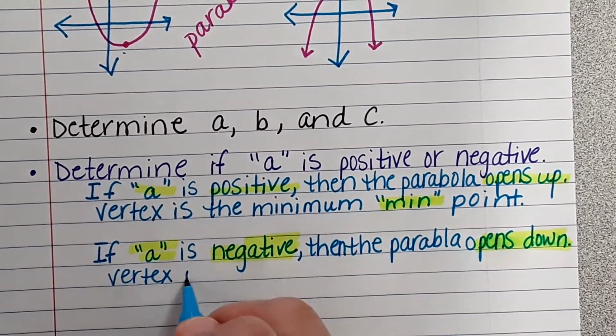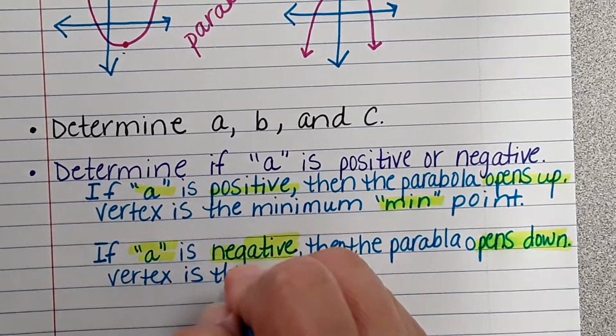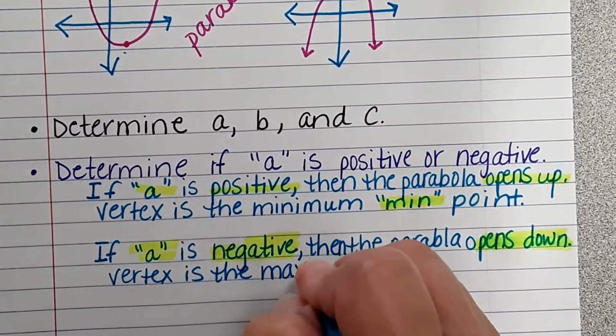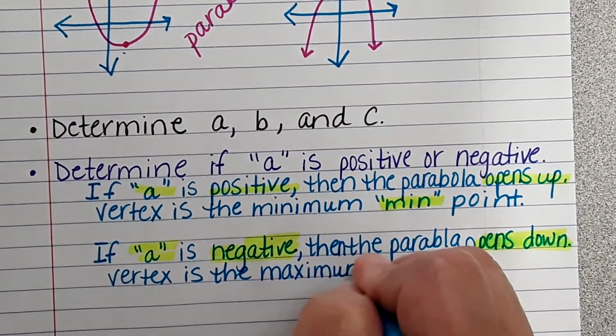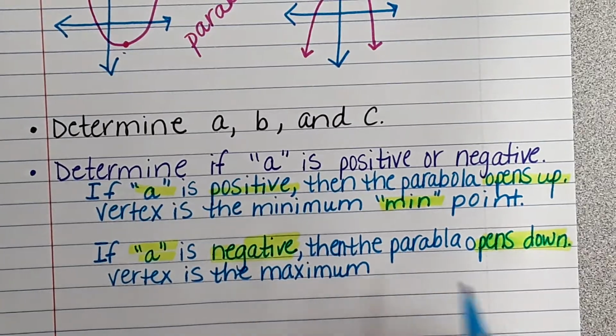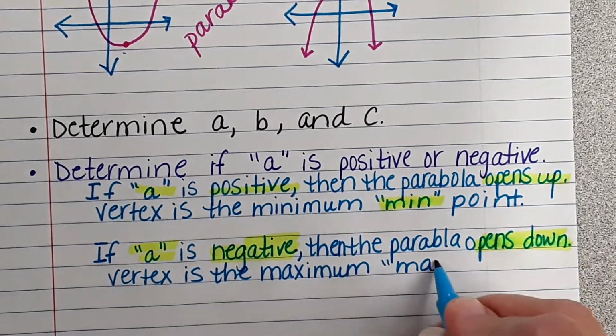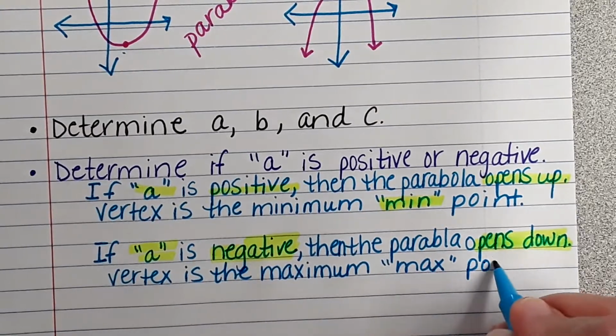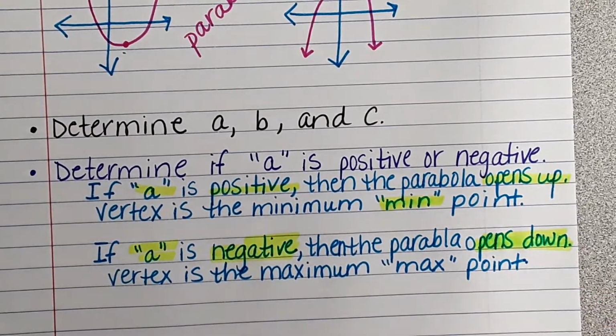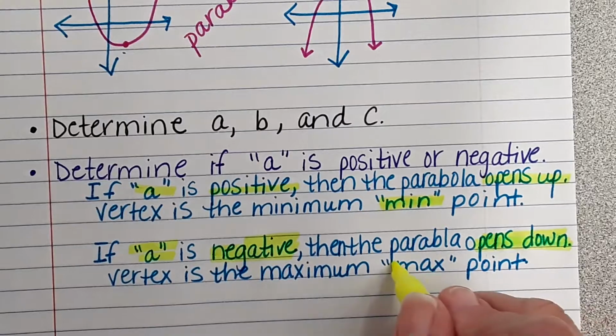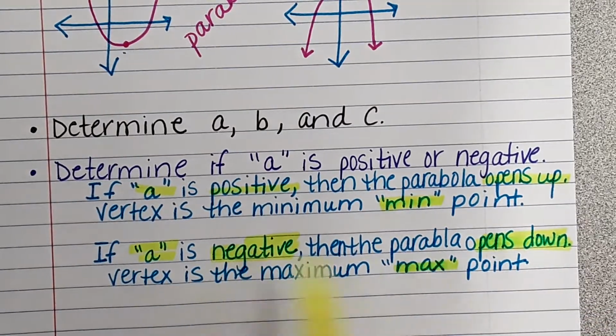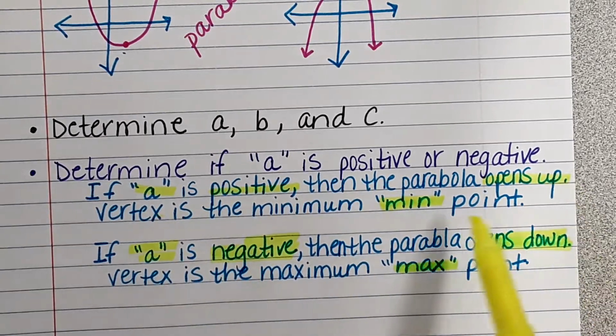That means the vertex is the maximum point, which means it's at the very top of the graph. It's the highest point on the graph. And that's what we call the max point. So if A is negative, automatically the vertex is the maximum point, and it opens down. If A is positive, it opens up, and the vertex is the minimum point.